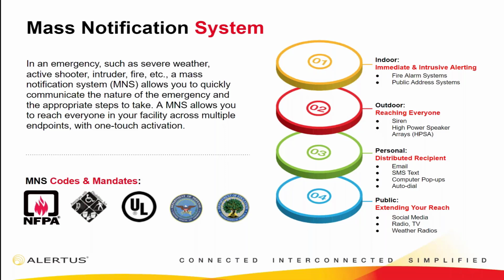But most importantly, making sure that we're communicating with as many individuals as possible in a variety of different ways, whether that's personal, whether that's through a public address system, whether that's through clear voice outside, or whether it's, say, a desktop notification to the office staff who are maybe monitoring the staff that are down in the manufacturing environment as well. There's multiple layers that we have to cover. That's the direction that we take when we're trying to overcome the challenges that are often present within the industrial and manufacturing environment.